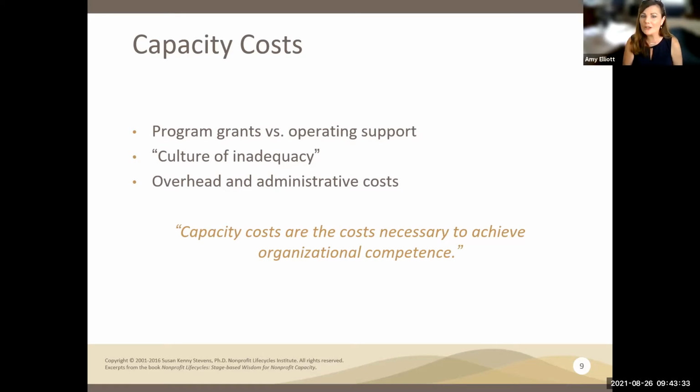So capacity costs are the costs that are necessary to achieve organizational competence, right? Part of organizational competence, remember the management leg that I called the people leg, is the people. And people have to be taken care of. A lot of times in the nonprofit sector, we can't pay as much salary or benefits as they might pay in the for-profit sector. Well, okay, great.